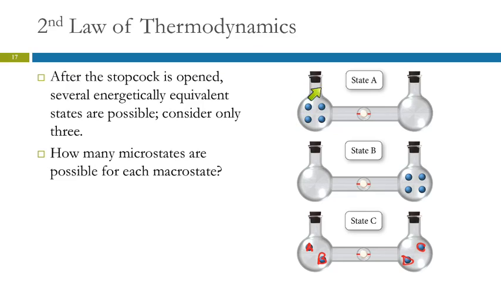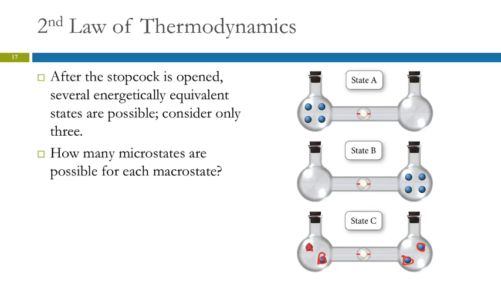All the particles are over here, and so the state is all the particles are over there. We can't say, well, we're just going to swap these individual particles. We're not going to go so in depth as to talk about the exact position within there. We're keeping it simple. And for state B, there's also only 1 microstate.